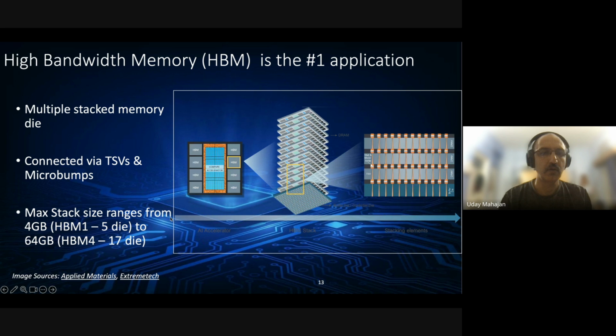And the max size of the HBM stack ranges anywhere from 4 gigabytes to 64 gigabytes. HBM1, which has 5 die, which is 4 memory die and 1 controller die, and HBM4, the latest technology, which has 16 memory die and 1 controller die. So this HBM gives you approximately 10 times higher bandwidth compared to standard memory.